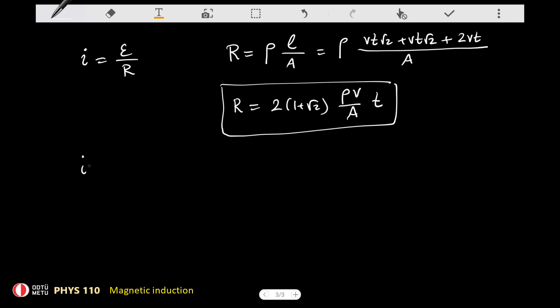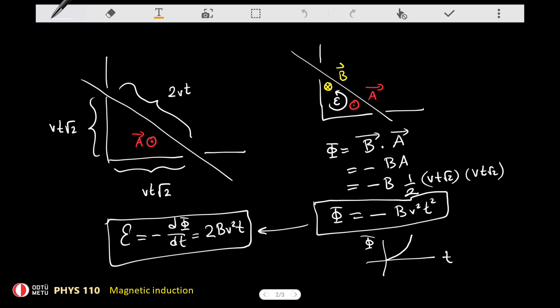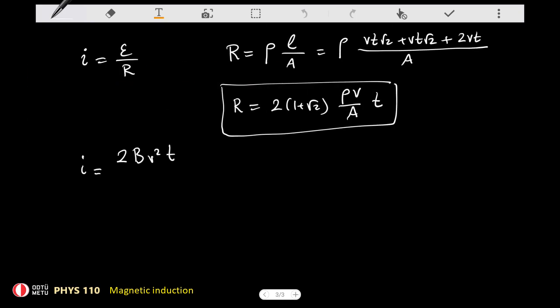Therefore the current is 2BV squared t, which was the EMF. Let me check the EMF. 2BV squared t, yes. Divided by the resistance, which is 2 times 1 plus root 2 times resistivity times speed divided by the area times t.